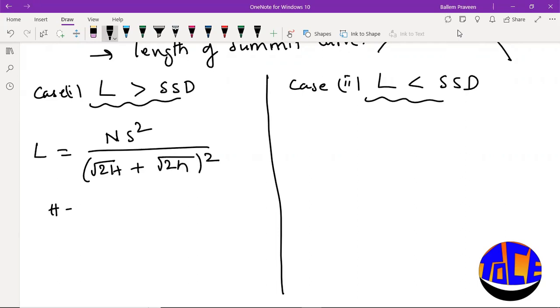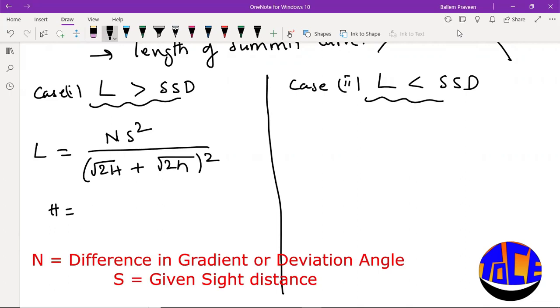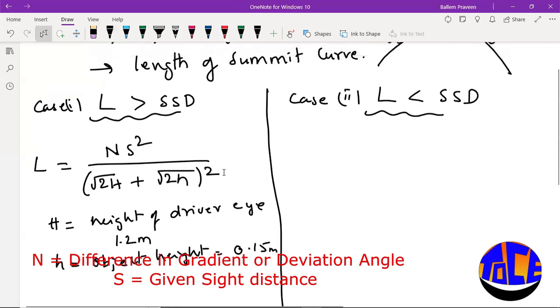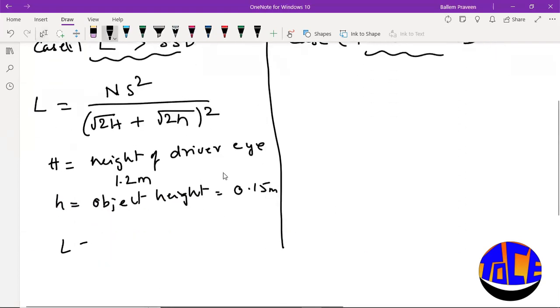Here H is the height of the driver's eye, usually taken as 1.2 meters, and small h is the object height, taken as 0.15 meters. If you substitute these values, L is equal to N S square divided by 4.4.